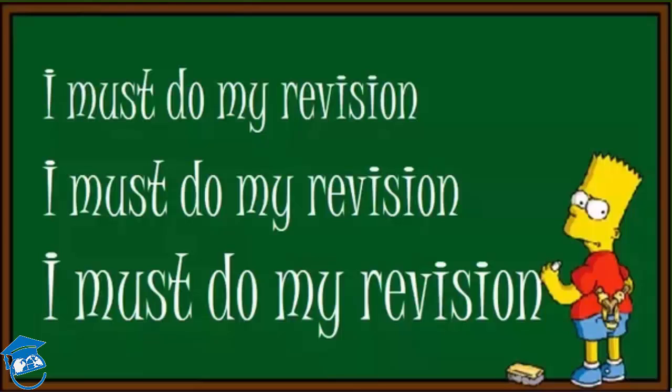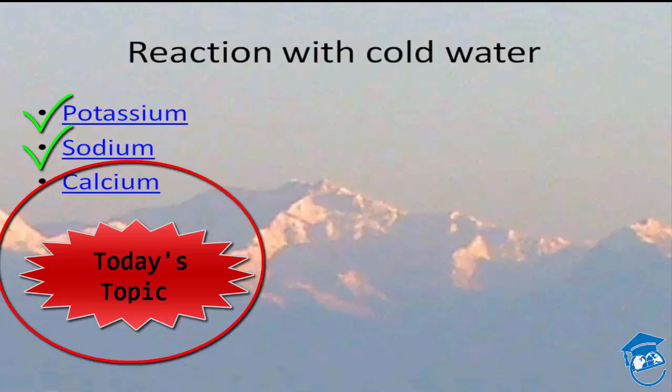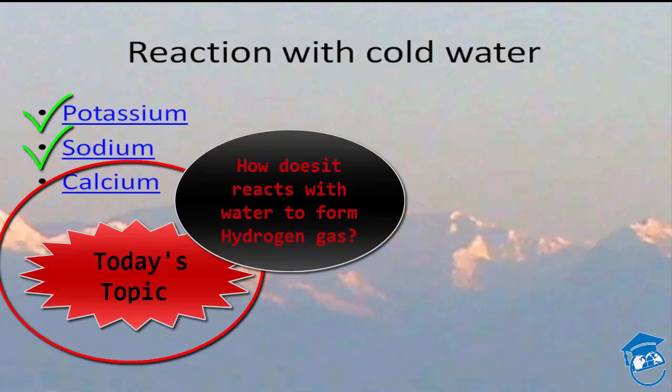In the past sessions, we have been learning how hydrogen is produced from water, where we discussed potassium and sodium, which are reactive metals that help in the formation of hydrogen when they react with water. So today we shall start with calcium, and discuss how calcium reacts with water to generate hydrogen gas. So let's understand now the calcium part.